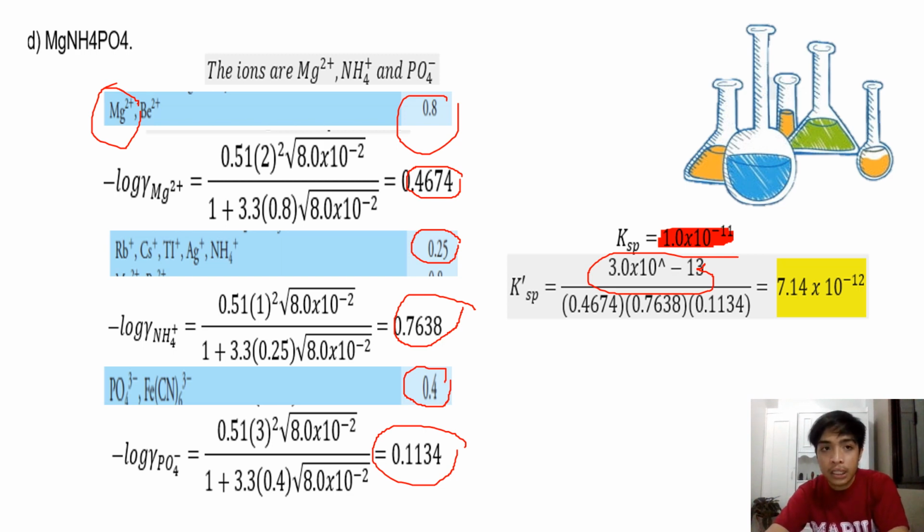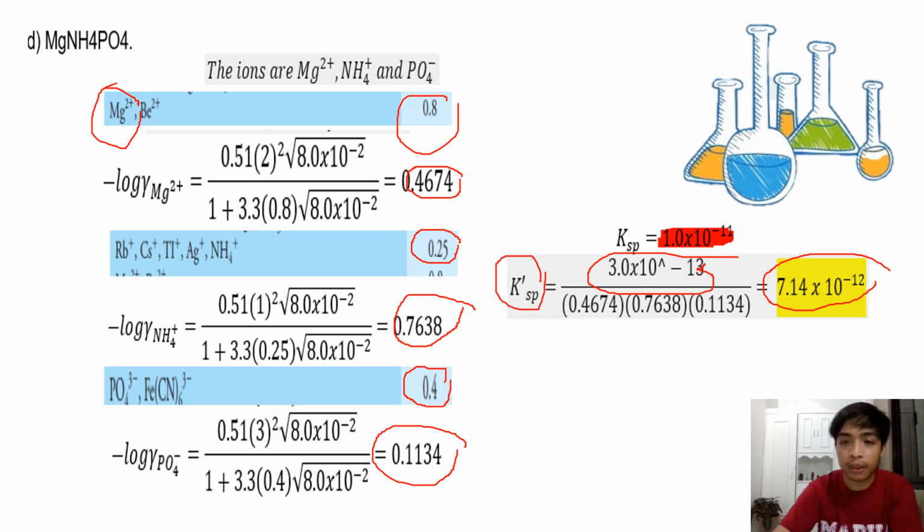I think that's from the KSP of the lanthanum iodate. So 3.0 times 10 to the negative 13 is all over the activity coefficients of the magnesium ion, ammonium ion, and phosphate ion, which are 0.467 times 0.7638 times 0.1334, and we will have 7.14 times 10 to the negative 12 for the KSP prime, or the solubility product constant.